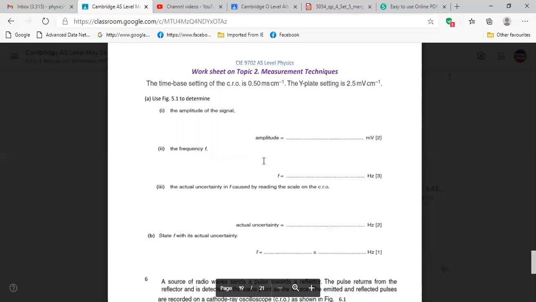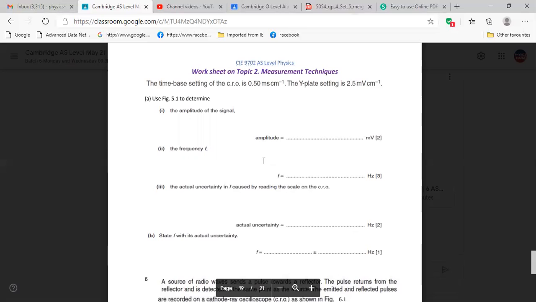The time base, can you continue? Yes, sir. The time-base setting of the CRO is 0.5 milliseconds per centimeter. The Y plate setting is 2.5 millivolt per centimeter. Use figure 5.1 to determine the amplitude of the signal.